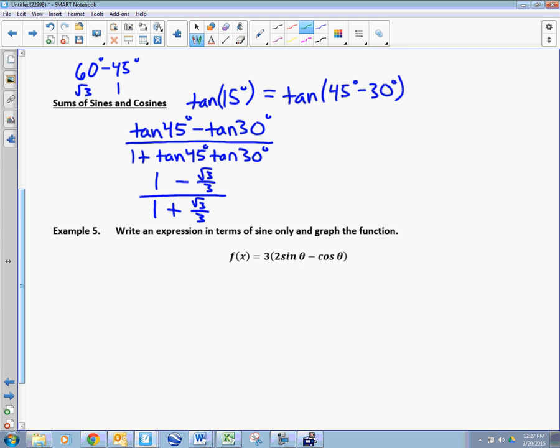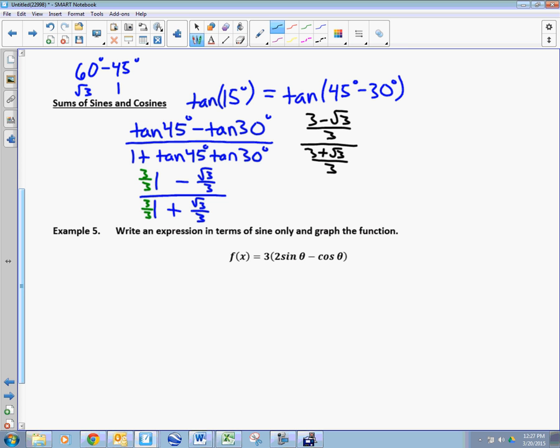So I will rewrite 1 as 3 over 3, and I'll rewrite 1 as 3 over 3.